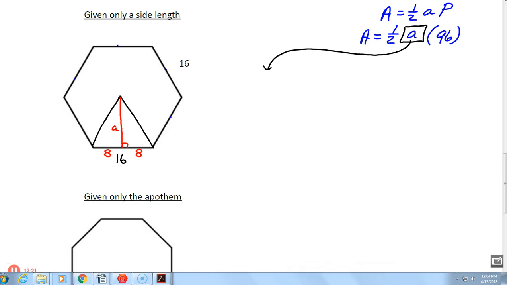For whatever reason, I always deal with the right side just because it looks easier to me. So this is what I have right now. I need this A. This is what we're after. And I know this. And this isn't really enough to solve the triangle yet. But I need to get something else.